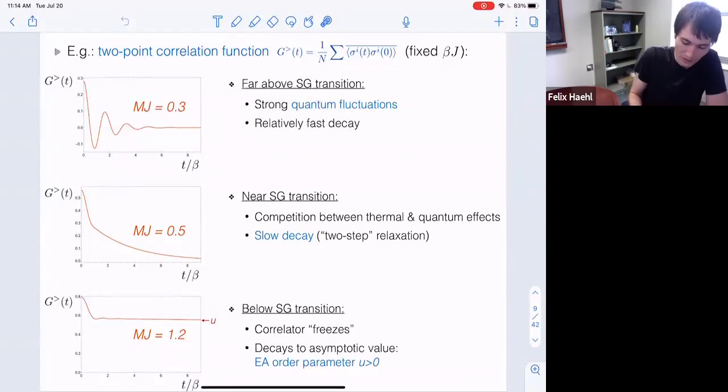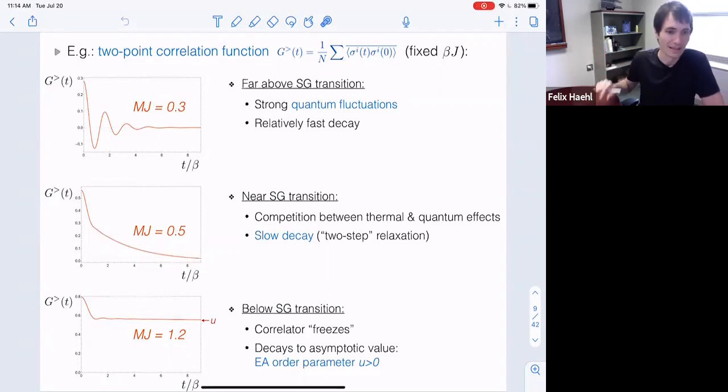This refers to the fact that you first have this relatively fast decay, and then it goes over into some very slow exponential decay. As you further increase mJ towards some critical value where you transition into the glass, this exponential decay gets slower and slower.